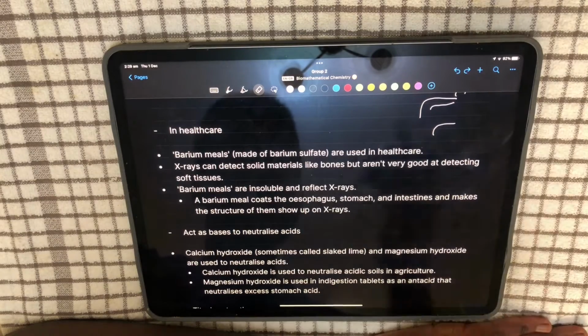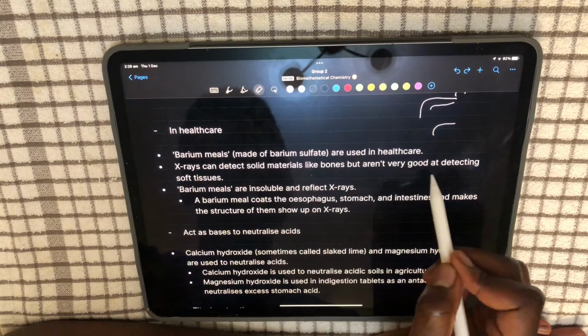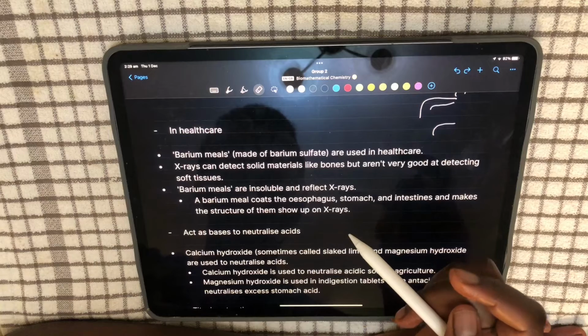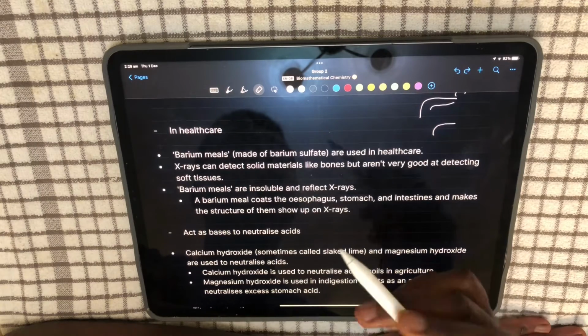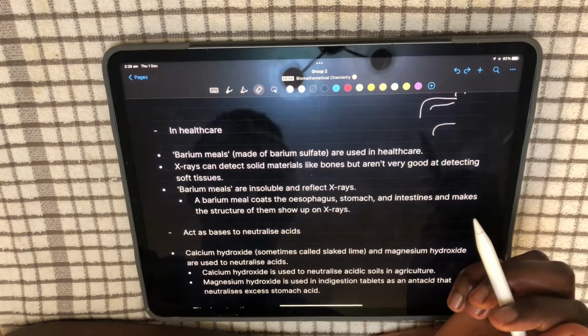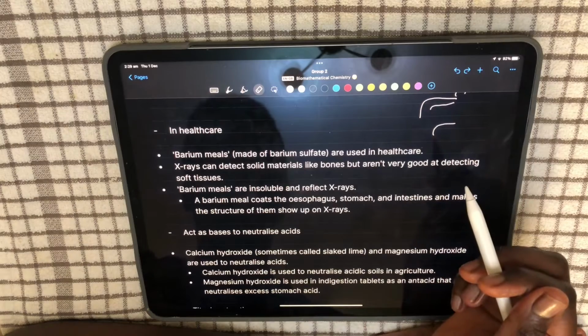X-rays are very good at detecting solid materials like bones, but not very good at detecting soft tissue. So if they just took an X-ray and wanted to examine your intestines, your esophagus, or anything like that, it would be very difficult to see without a barium meal.